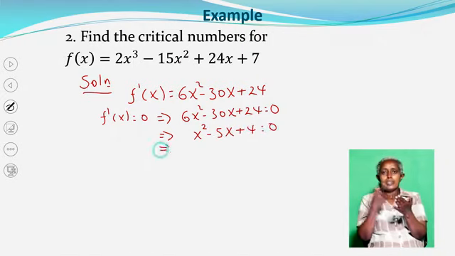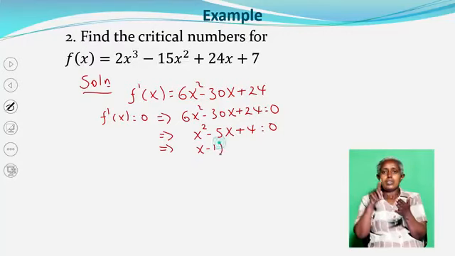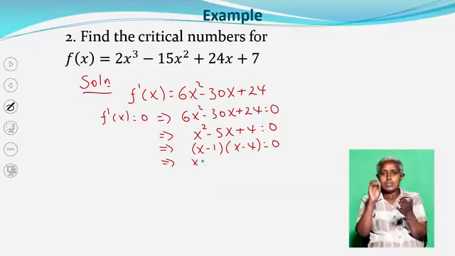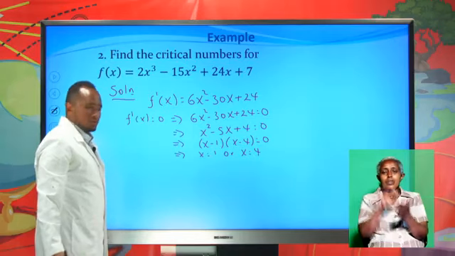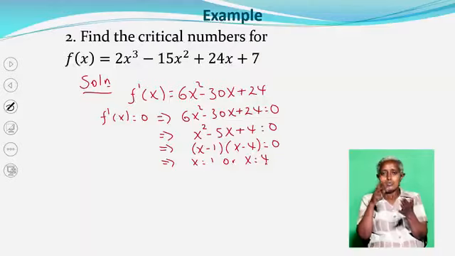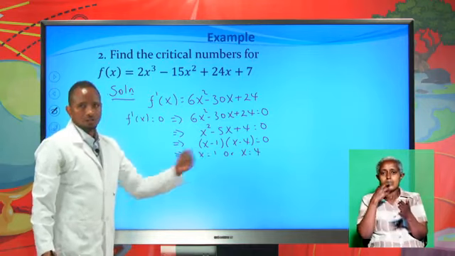So factoring this, you get x minus 1 times x minus 4 is equal to 0. So the derivative of our function will be 0 at x equals 1 or at x equals 4. Since the derivative of our function is 0 at these two points, and these points are in the domain of our function, the critical numbers are 1 and 4.